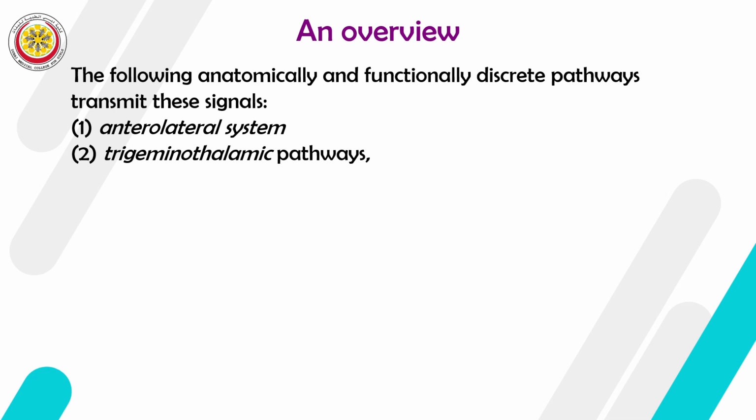The main, the spinal, and the mesencephalic. From this, we have a tract. Do the fibers from these nuclei ascend ipsilaterally, or do they cross and ascend contralaterally?